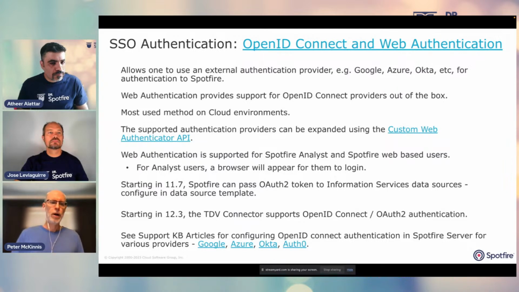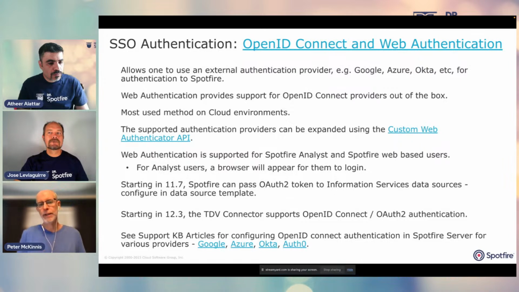One thing that is interesting to note is that previously there were various ways to pass your identity or information down to the data source, which we'll talk about more in data security. But on this slide, starting in 11.7, you can pass the OAuth token via information services down to data sources.